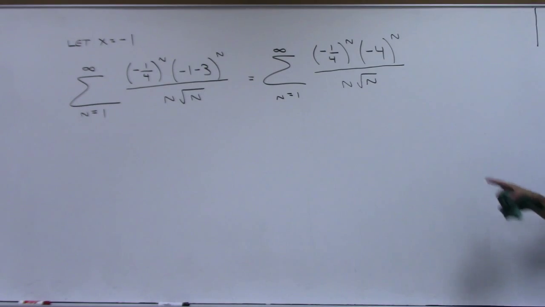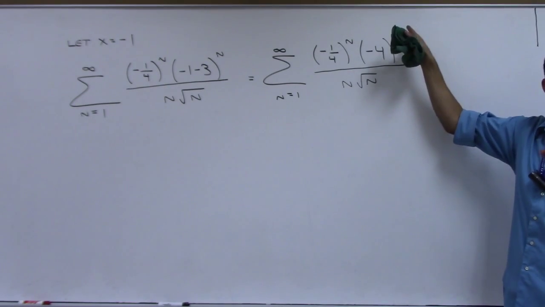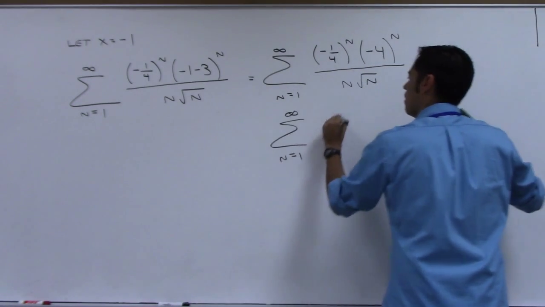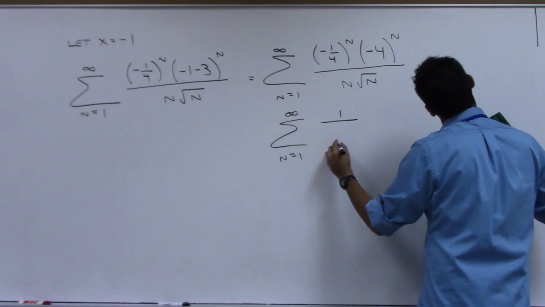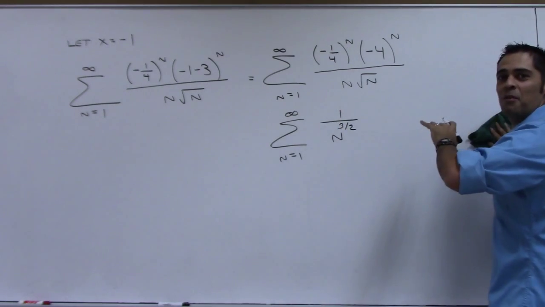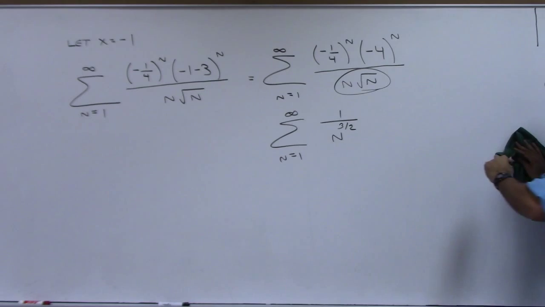A 1, right? -1/4 times -4 is +1 to the n power. So it's really just 1 over n to the 3/2. I finally put it together for you. When you put those two together, you get n to the 3/2.